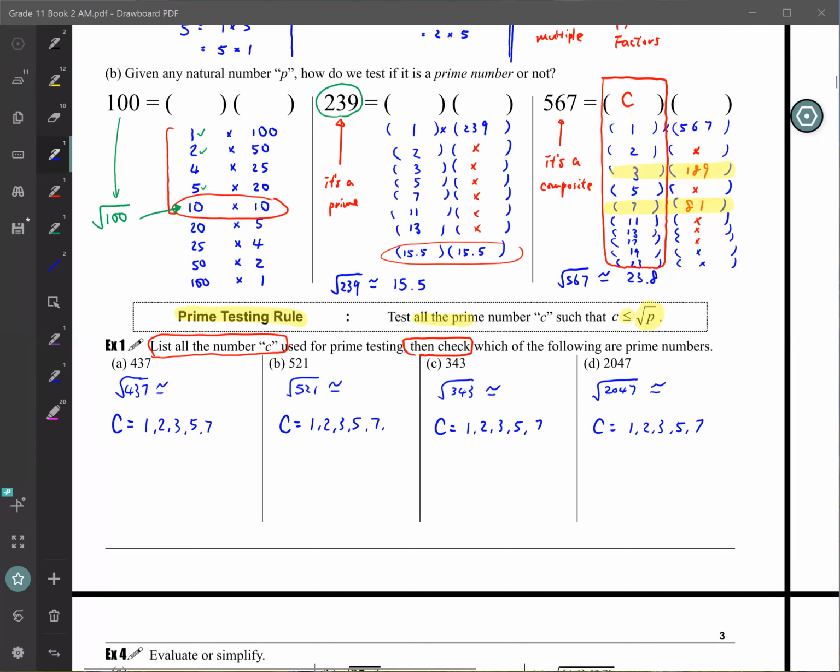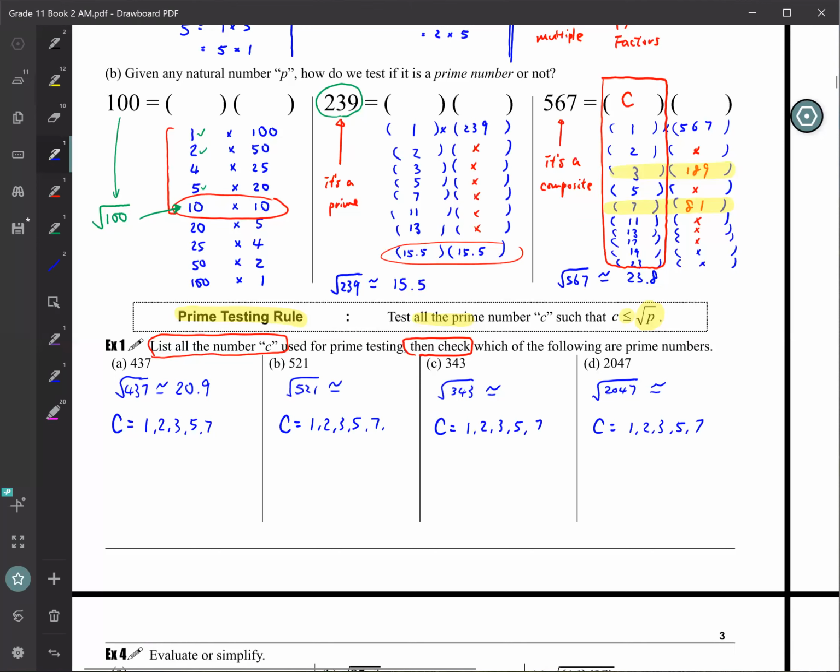All right, let's start with the square root of each number first. Okay, Aaron, what's the square root of 437? 20.9. Okay, thank you.